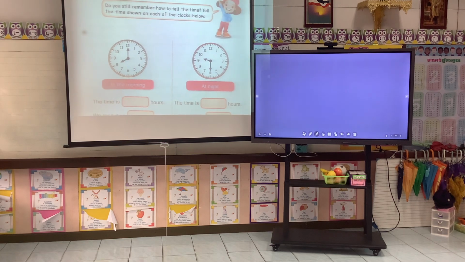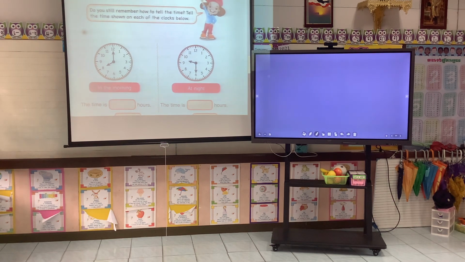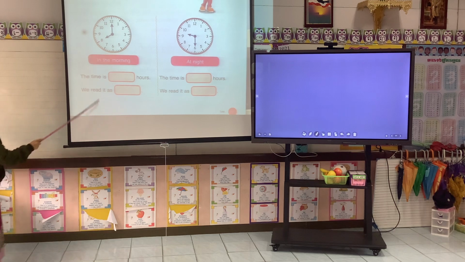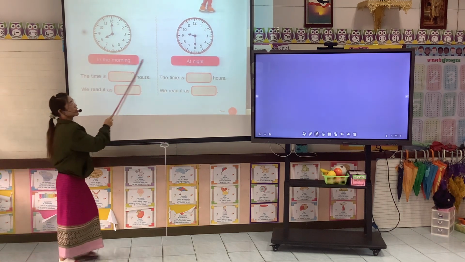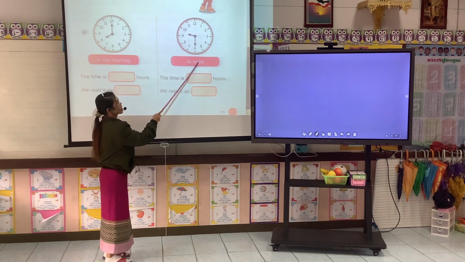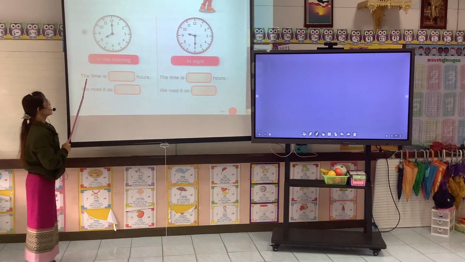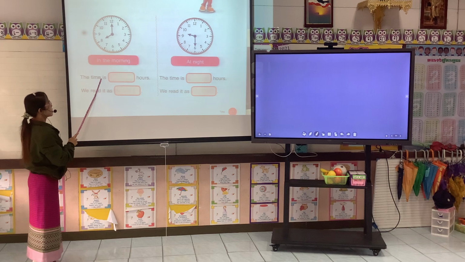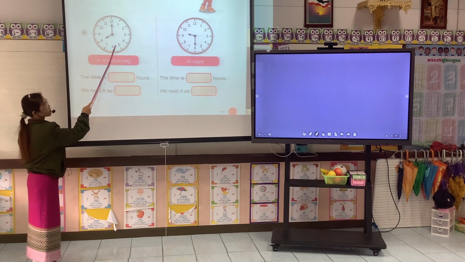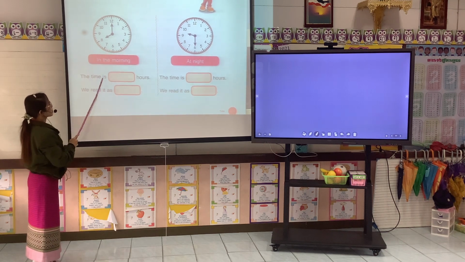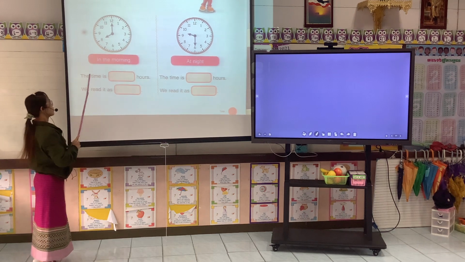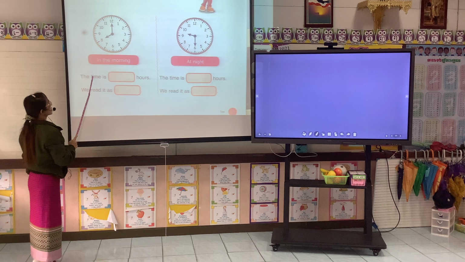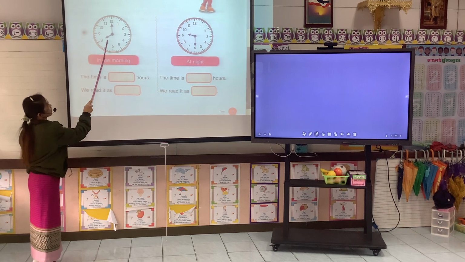Look at these 2 clocks. This clock shows the morning, and this clock shows the night. What time is it on this clock? In the morning, the time is 8 o'clock.